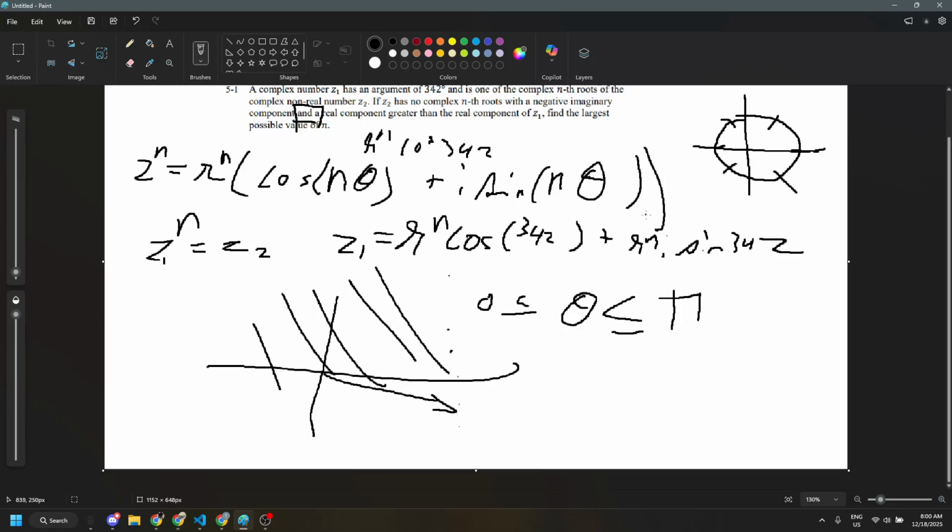The real component greater than z1, so theta can't be between the 342. What's 342? It'd be negative 18. So theta is greater than 18.